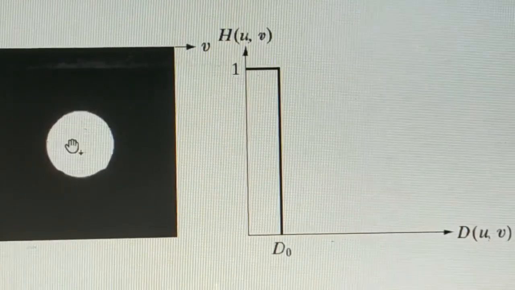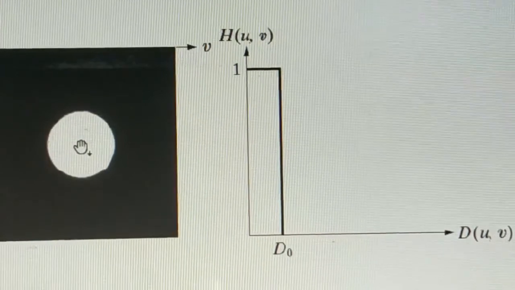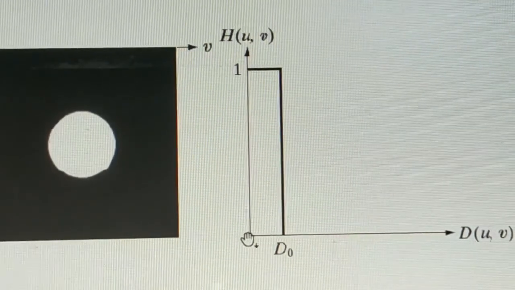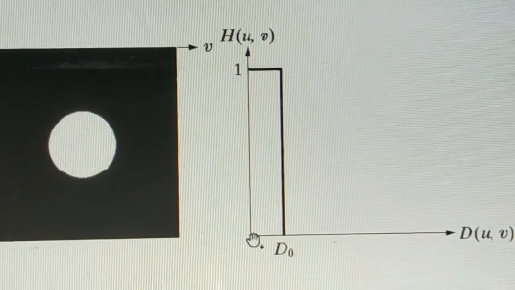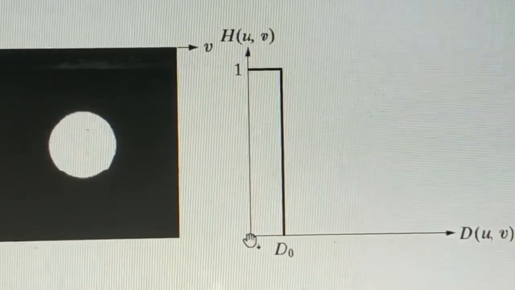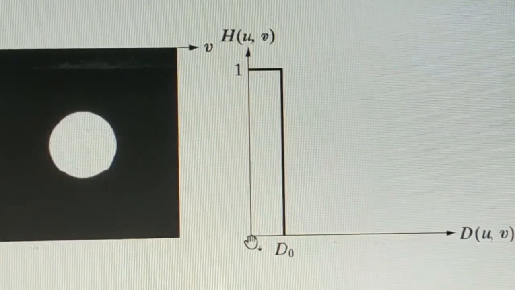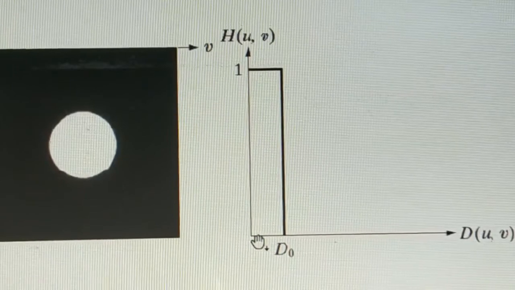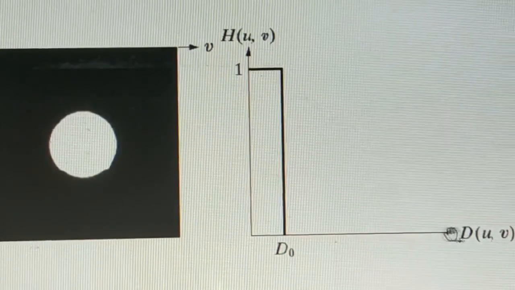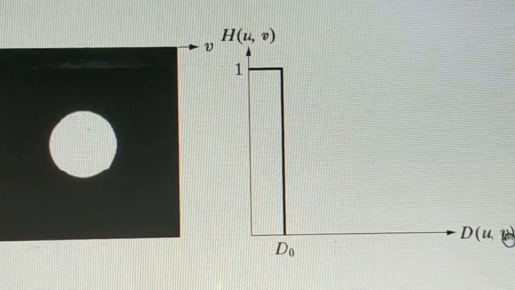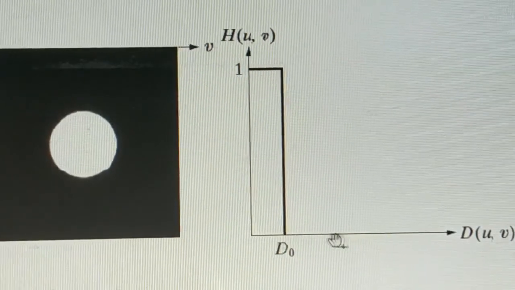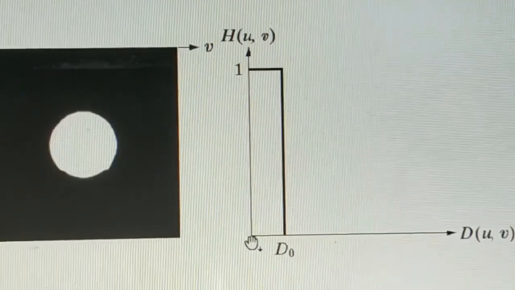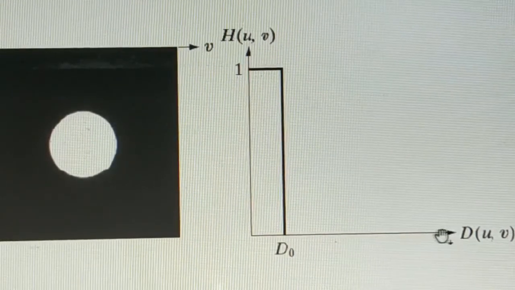This point (p/2, q/2) is located here in the radial cross section representation of H(u,v), and the distance is represented on this axis. This is D(u,v), so it is basically a measure of frequency in this plot. Frequency is increasing in this direction.